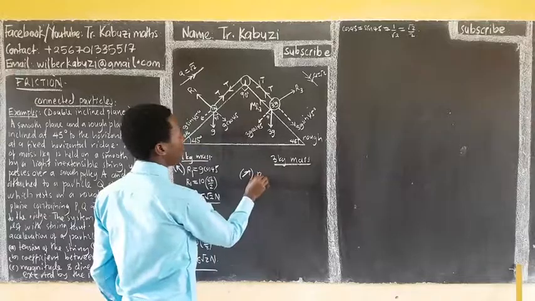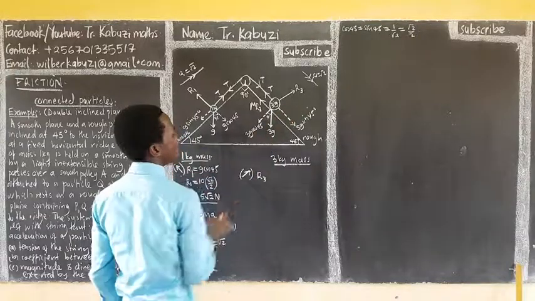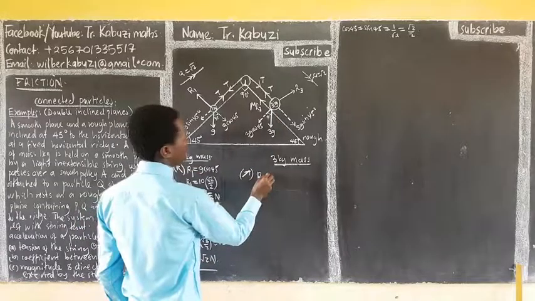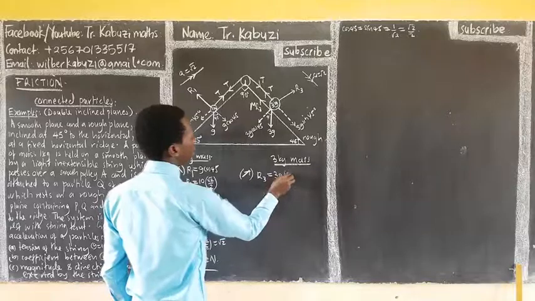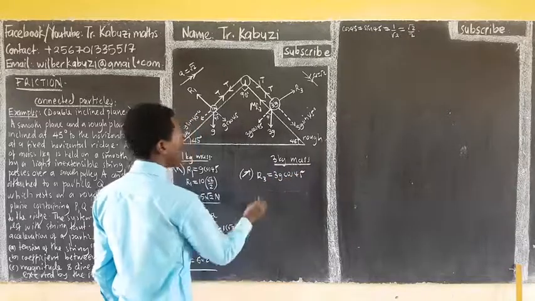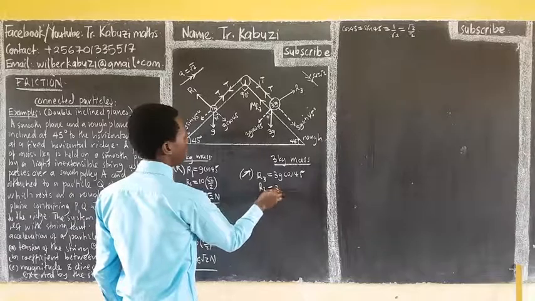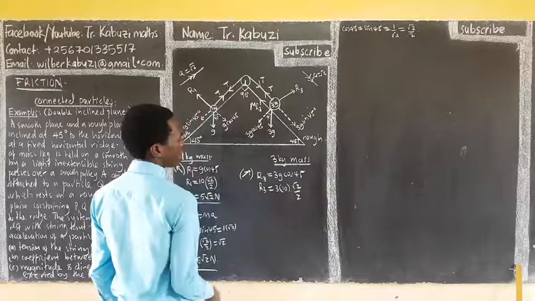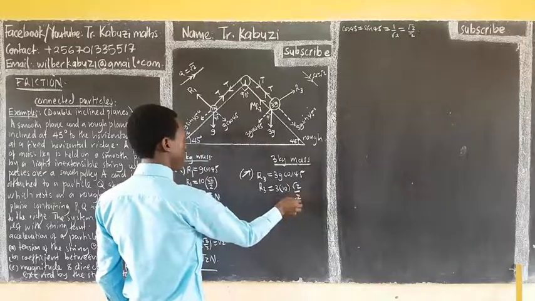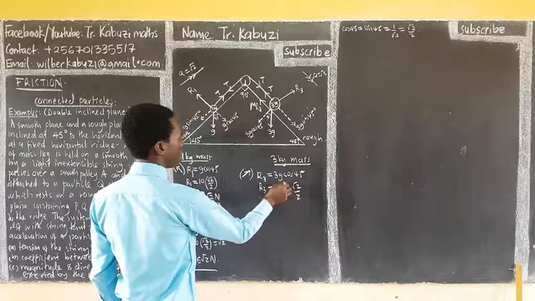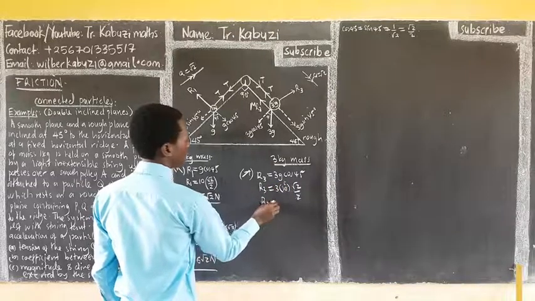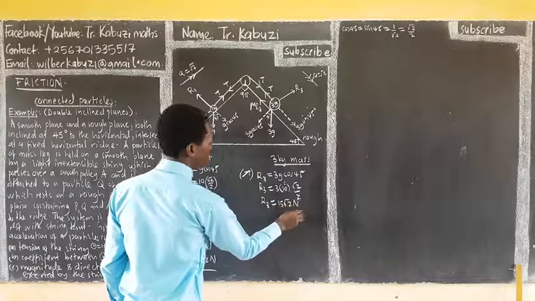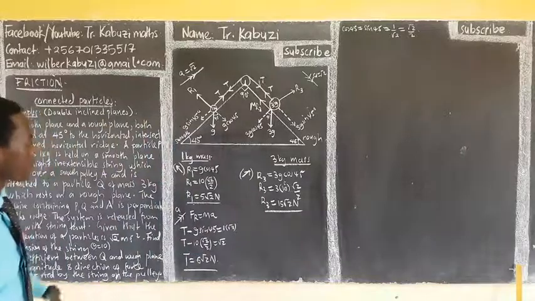There is no acceleration in that direction, so it is balanced. So it is going to be equal to 3 D cos 45. So our R3 will be 3 into 10 into root 2 over 2. So if you pass there, you should get 1, and here you shall get 5. So our R3 here is going to be 15 root 2 newtons. And so we are done with that.